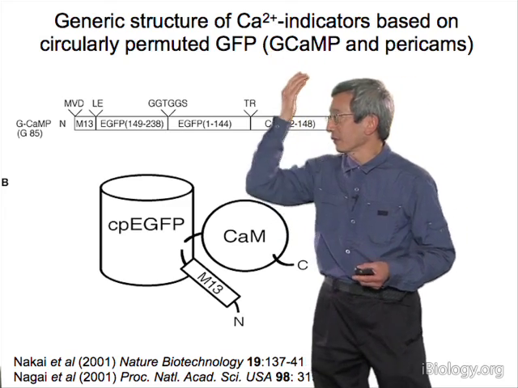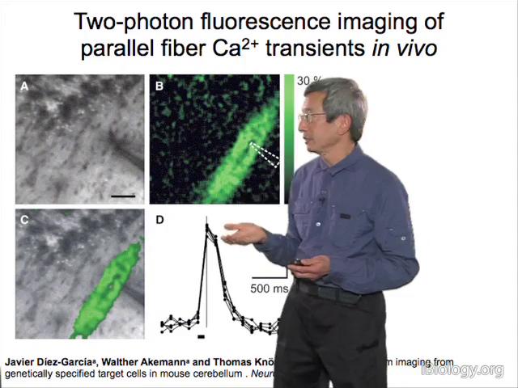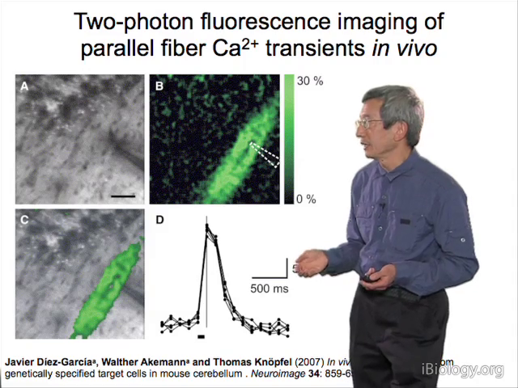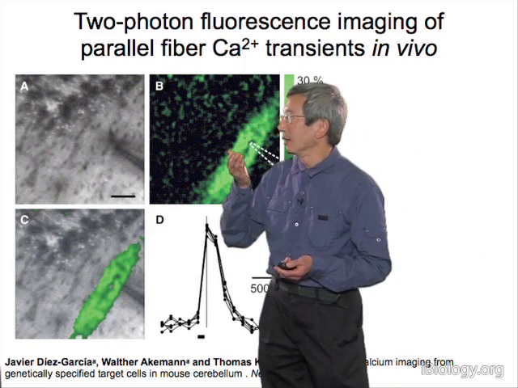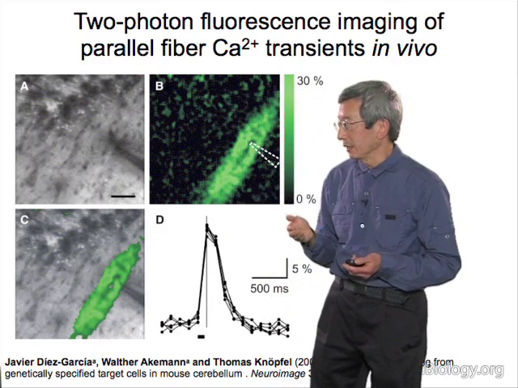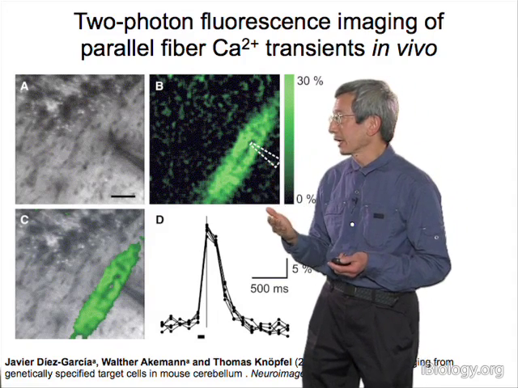And there's another flavor called pericams, and these have been widely used now, especially in neurobiology, to follow calcium transients, which are again good markers of activity. In this particular case, the people doing this work are studying the activity of parallel fibers in the cerebellum, which are being electrically stimulated.